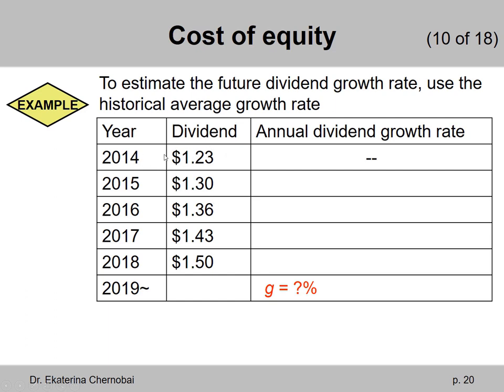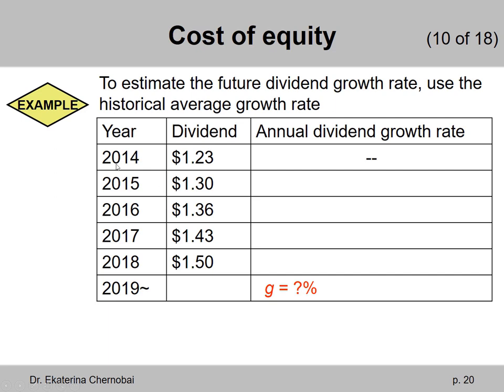So let's say in 2014 the dividend per share was $1.23. In 2015 it was $1.30. Then $1.36, $1.43, and $1.50. We don't know the growth rates, but we know the dividend amounts in dollars. Can we find the annual dividend growth rates?